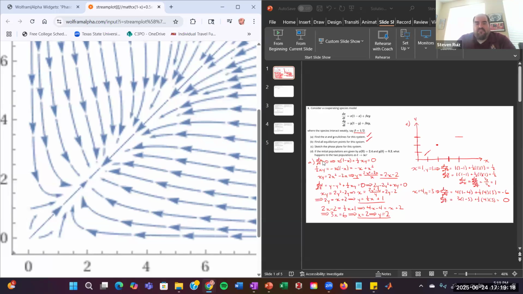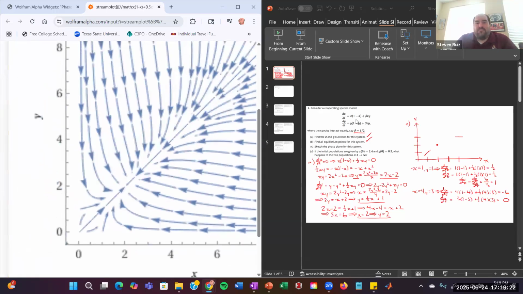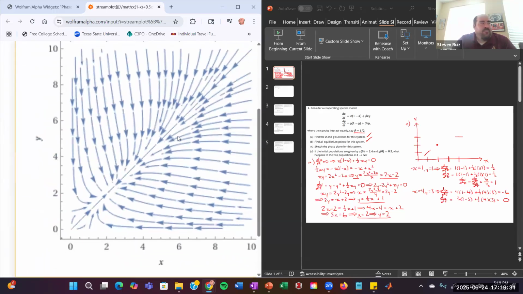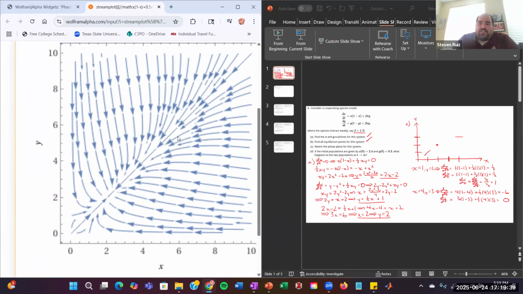And then let's look at our null lines. So what does it mean for dx dt to be 0? That means that x is not changing with respect to time. If x is not changing, then we should have vertical lines, because that's what it means for x not to change.